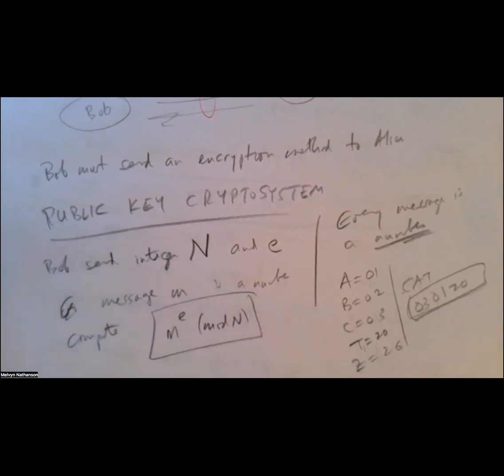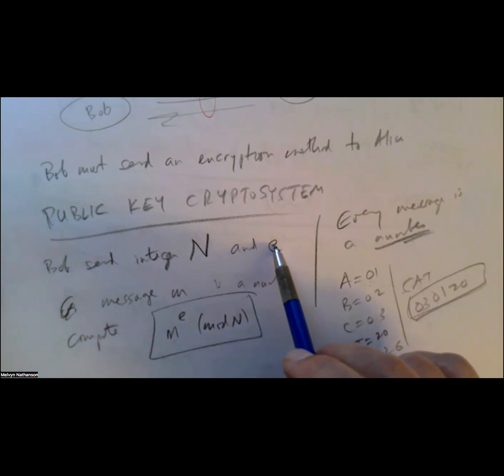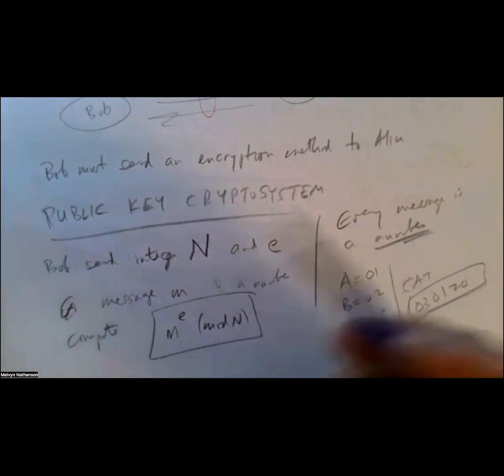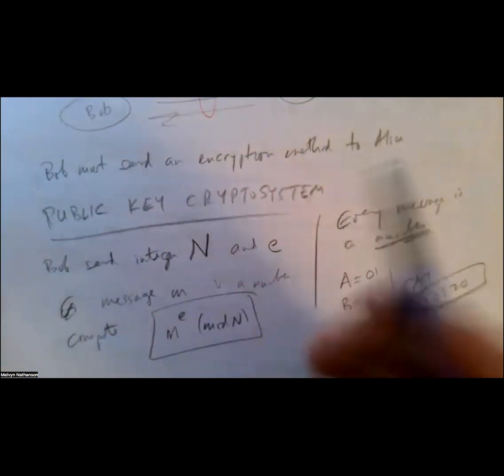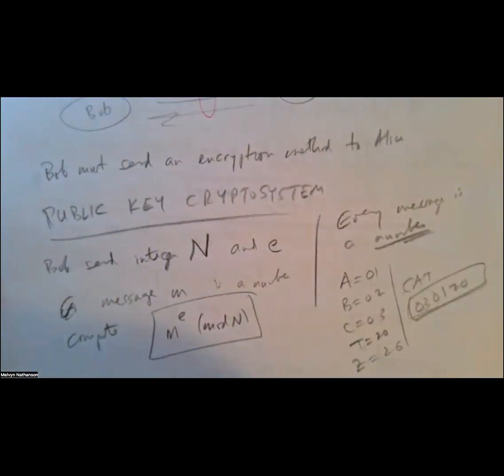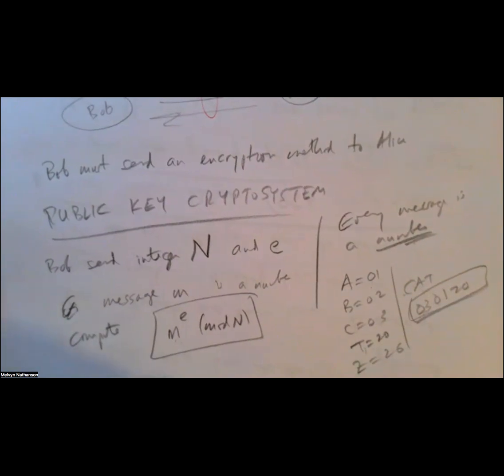Okay. So what does this mean? You take M, you raise it to the power E, you look at the congruence mod N, and you send that number. Like, suppose N were 15 and E were 7, and the message M is 2.